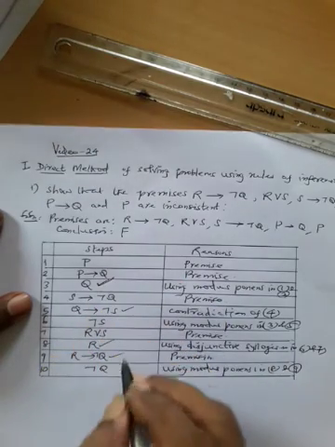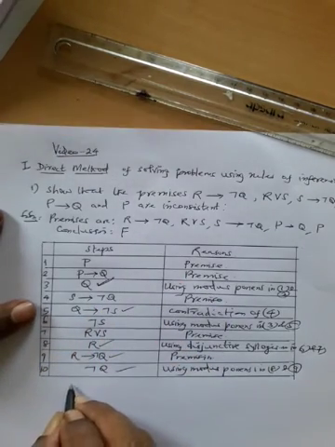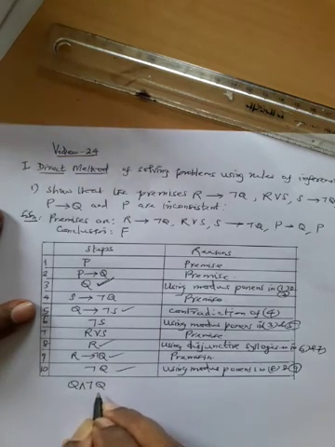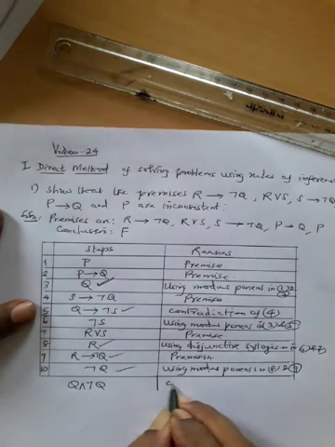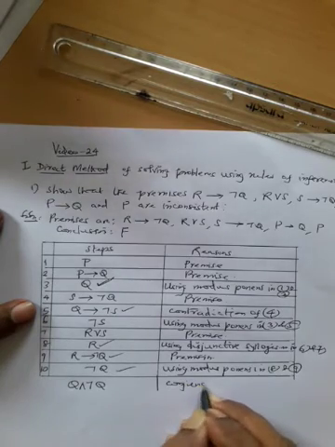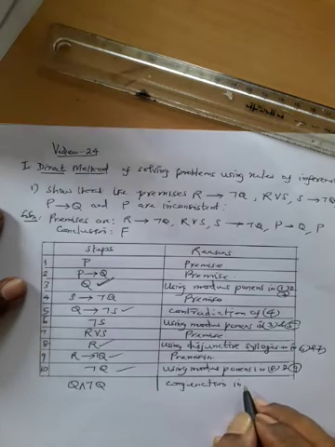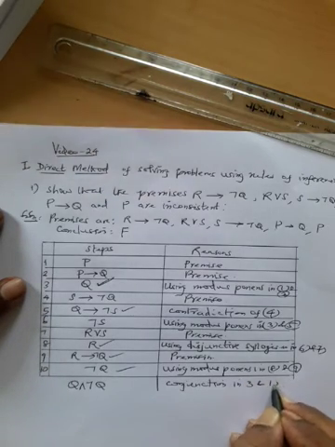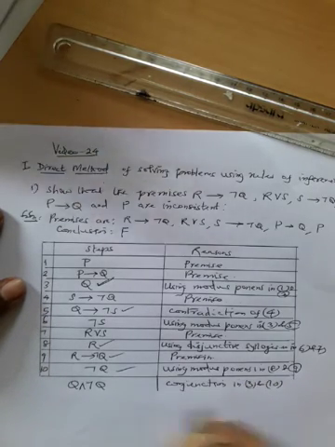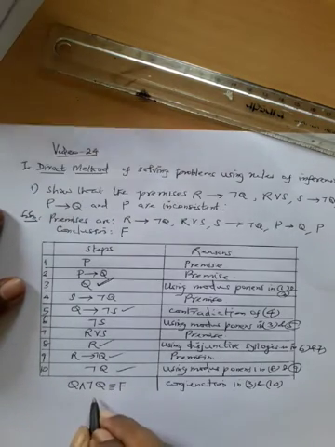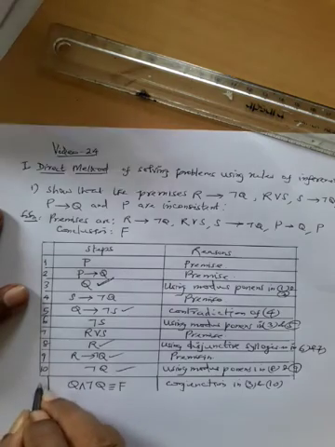You have Q, you have negation Q, so Q and negation Q, this is a conjunction in 3 and 10. So this conjunction is a contradiction.